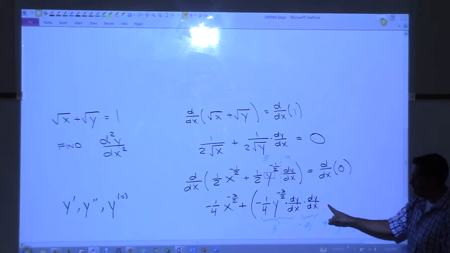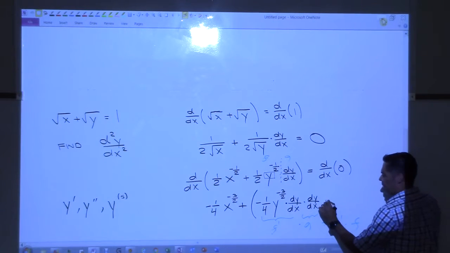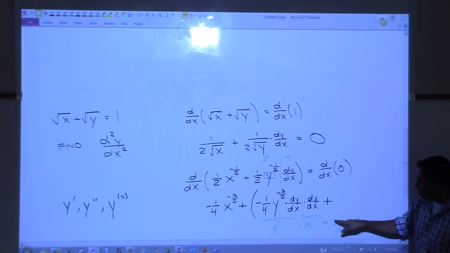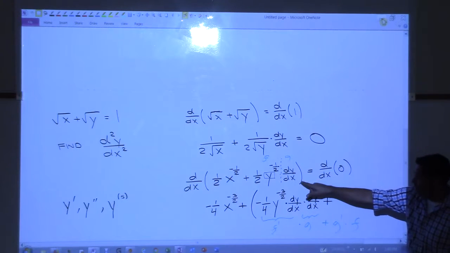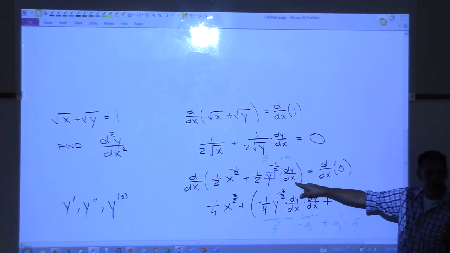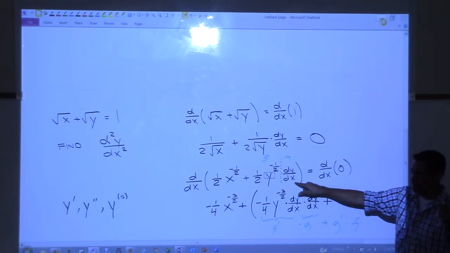So what do I need here first? Okay, so plus though, right? Plus, okay, and you're taking the derivative. You need to take the derivative of what? Of the derivative, which is the second derivative, right? You're taking the derivative of the derivative.